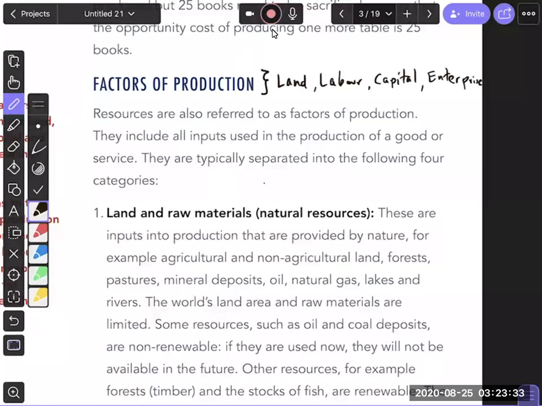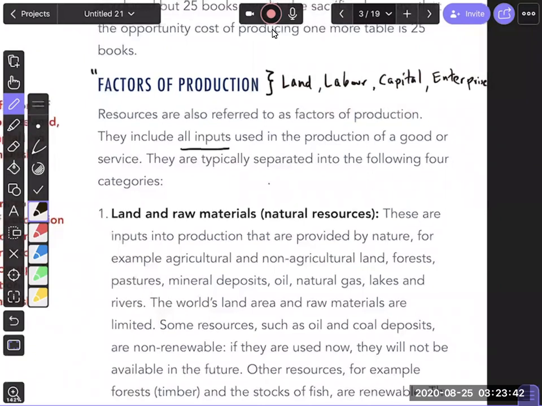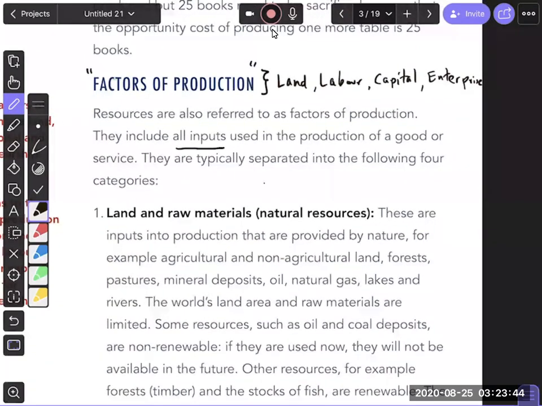And these are the inputs that we know are also scarce. So when we look at factors of production, like land, labor, capital, enterprise, we need to look at what they actually are. What's the definition of land, labor, capital, and enterprise? And then secondly, we need to look at what return we get from them.